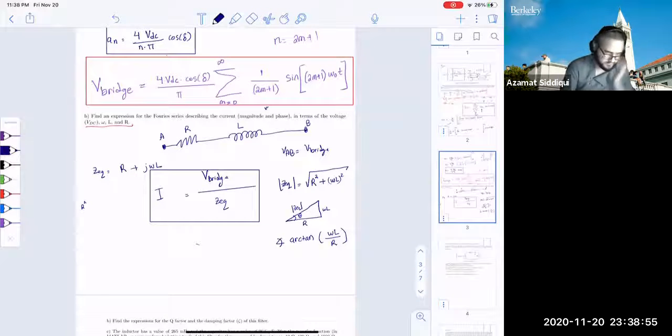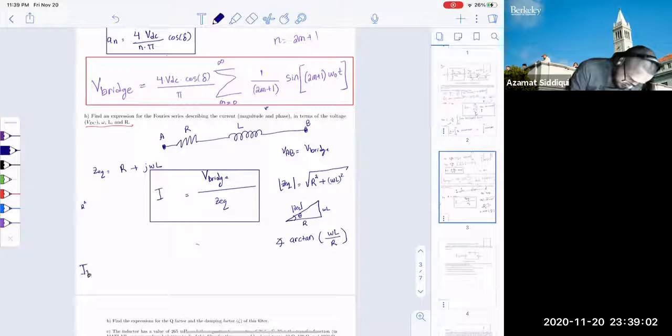I'm just going to incorporate it. So the value for the average current is going to equal to what? We're just going to divide by the equivalent.